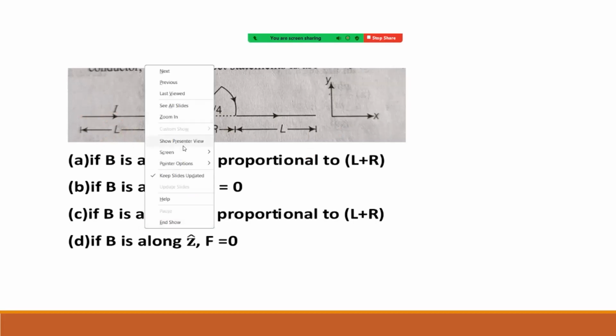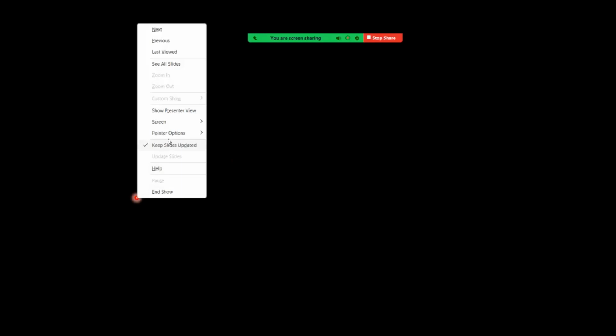See carefully once. So it is given straight wire. Then a curved part like this, and again straight, and again straight, and again curved part like this, and straight.